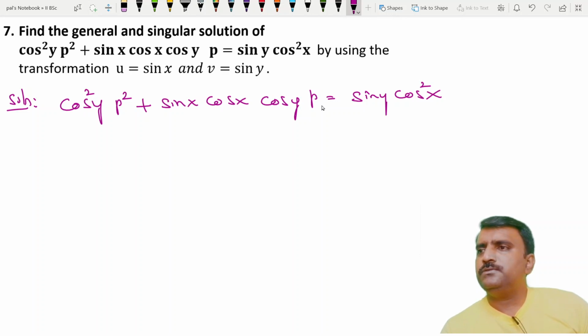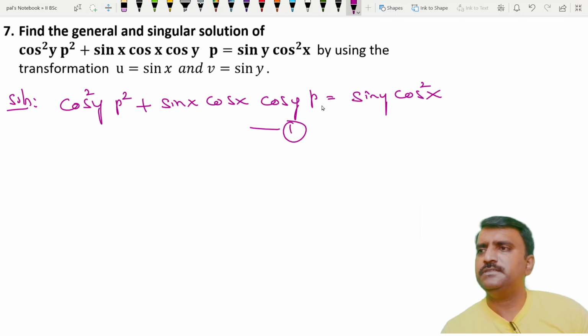If possible, try to write all cos x in terms of sin x, and all cos y in terms of sin y. Otherwise, just take the substitution and go ahead.